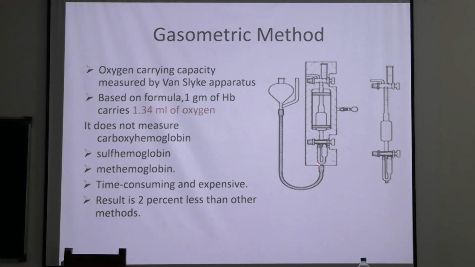This is very time consuming and expensive, and there is a variation of 2%. So this method is almost obsolete. You can take the screenshot if you want. If it is asked for other methods, you tell all the methods, and when no method is left then you can tell this gasometric method. This is not used for practical purposes.